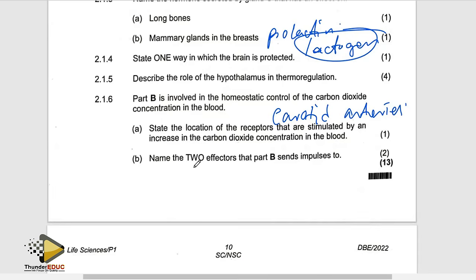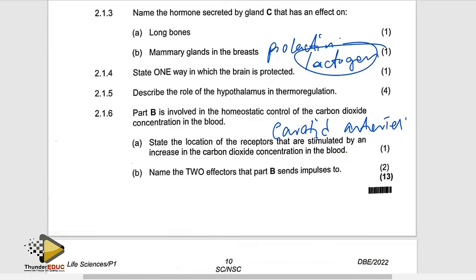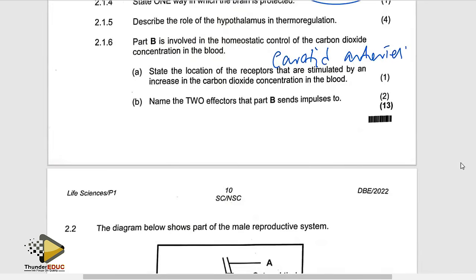And then they're saying name the two effectors that part B sends impulse to. Where is part B now? If you look at it, there are two things to which it sends impulse. It sends impulse to the heart so that the heartbeat can increase, so that it sends blood to the muscles and picks up carbon dioxide.